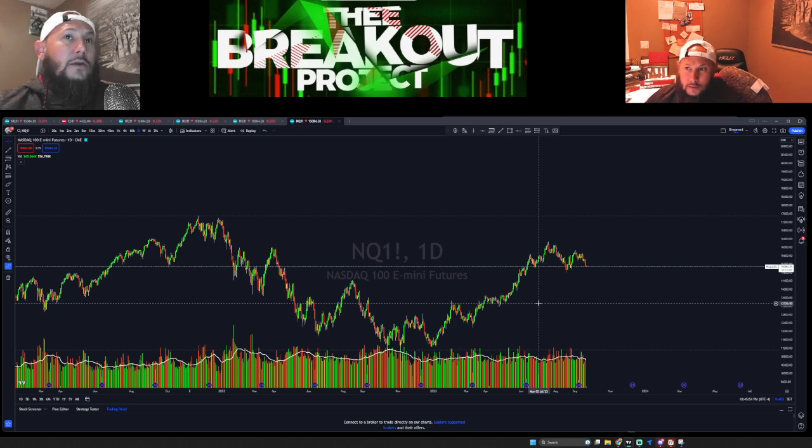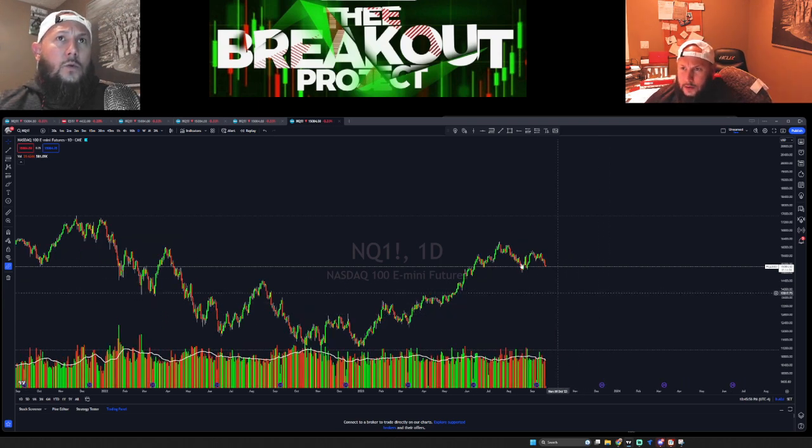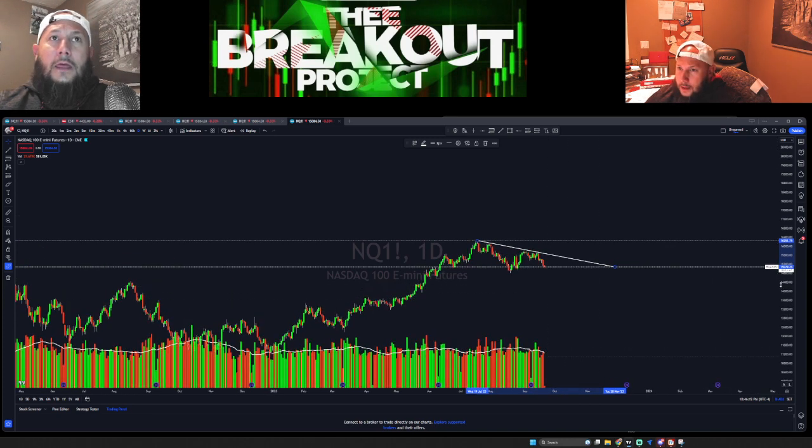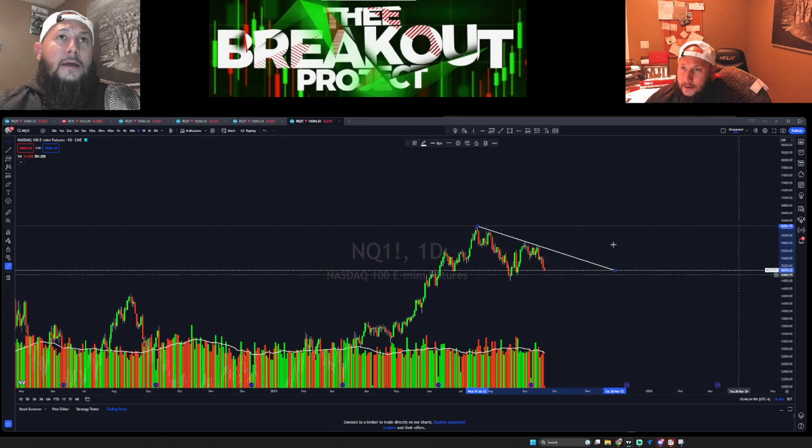So what I will do is I will basically take a trend line and I will note from right there to right there. Notice how basically I'm taking that line. Let me zoom in for you. I'm taking that line and I'm extending it from the wick.